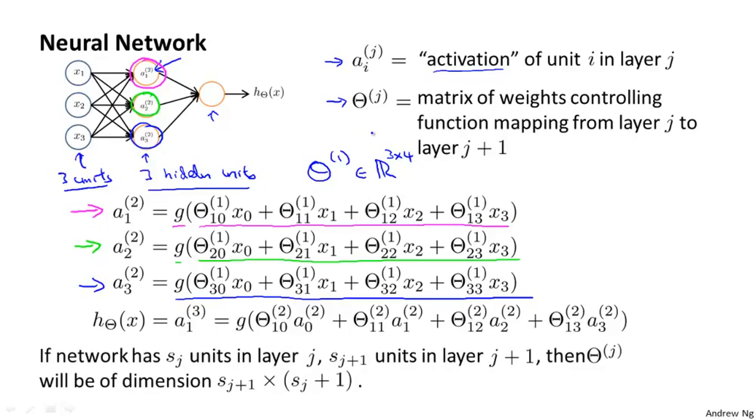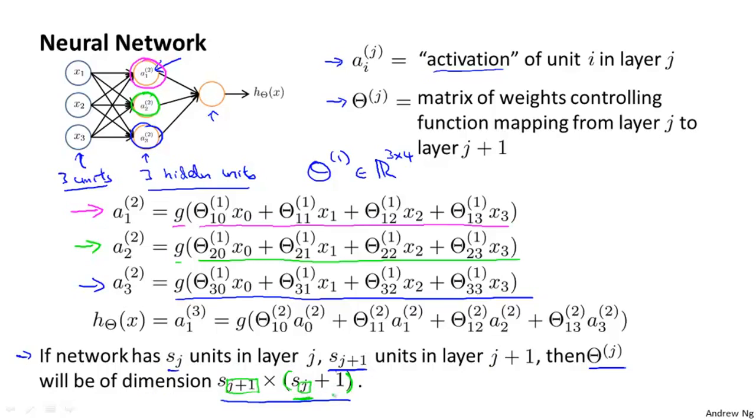And more generally, if a network has Sj units in layer j and Sj+1 units in layer j+1, then the matrix theta j, which governs the function mapping from layer j to layer j+1, will have dimension Sj+1 by Sj+1. Just to be clear about this notation, this is S subscript j+1, and that's S subscript j, and then this whole thing plus 1.